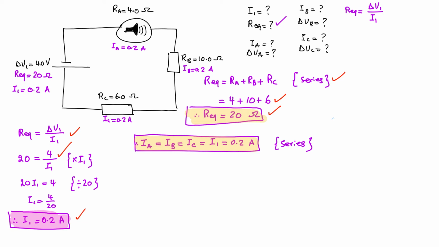Excellent. Now I have two pieces of information for all of my components, and I can go ahead and use my equation delta V is equal to IR.